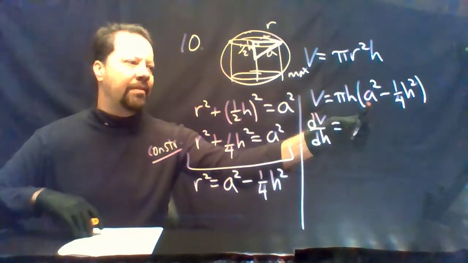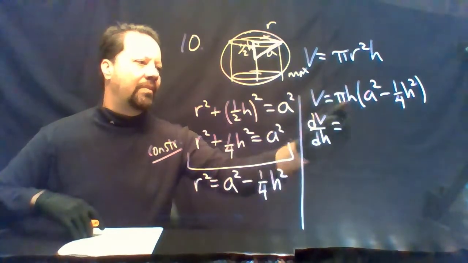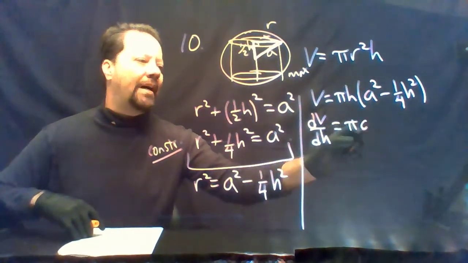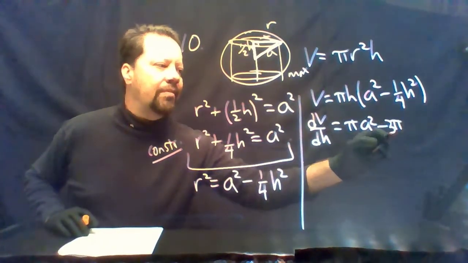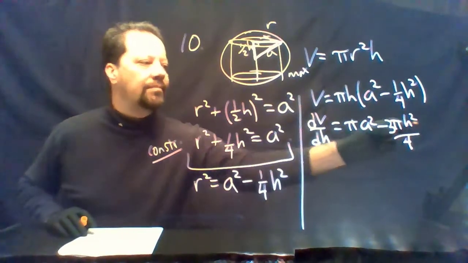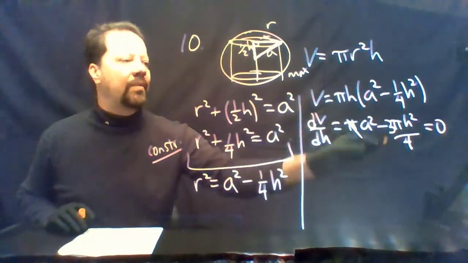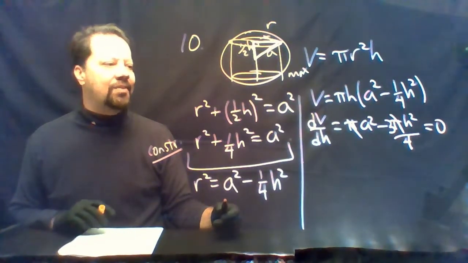We'll distribute the h first. When we do, we'll have pi a squared minus pi times 3 h squared over 4. We can divide the pi off, that won't matter, and then solve for h.